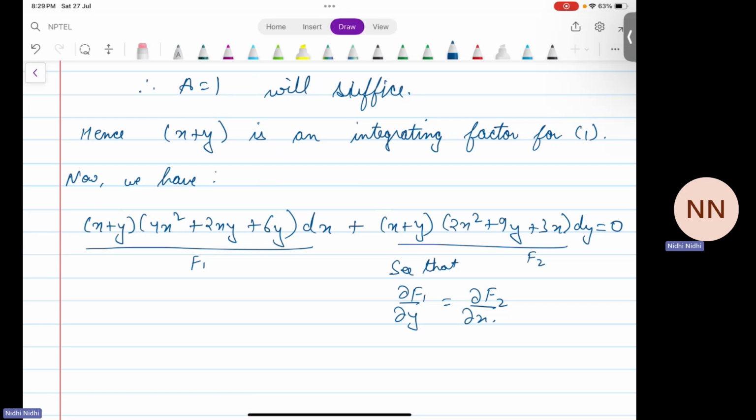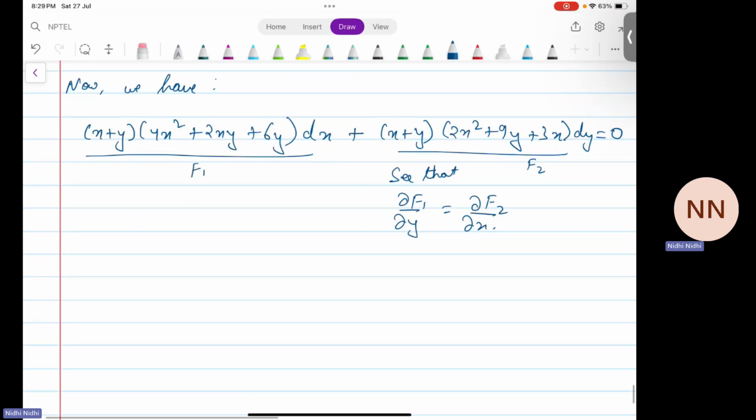So we know that the solution of an exact equation is given by some function f(x,y) equals c.